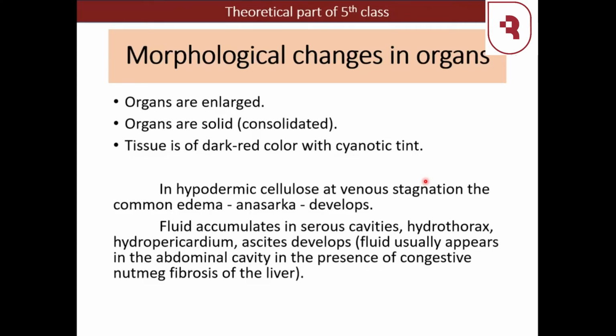Sometimes edema develops in the wall tissues, in wall localization, and it is called anasarca. Fluid accumulates in serous cavities, like hydrothorax, hydropericardium, and some other types of fluid accumulation. Any special accumulation of fluid has a special name, and you will use them in your clinical practice.